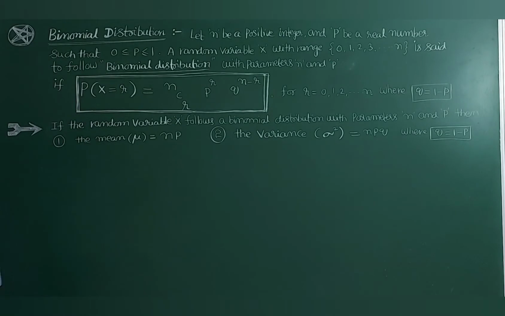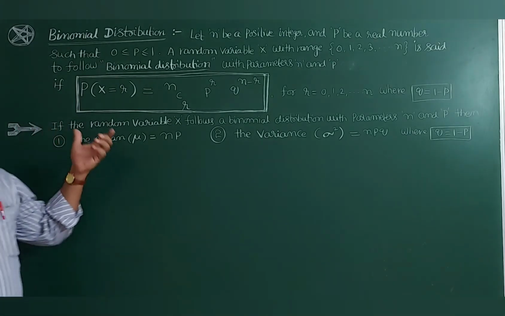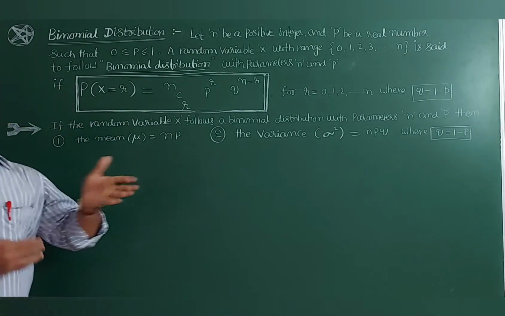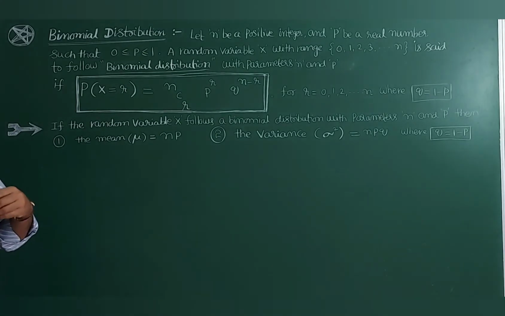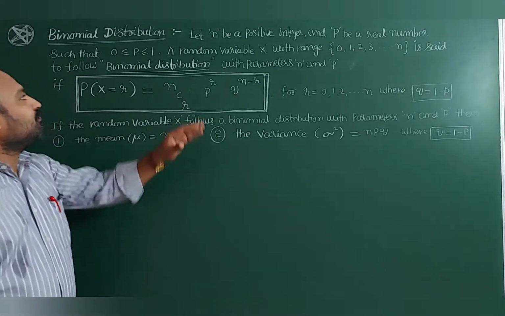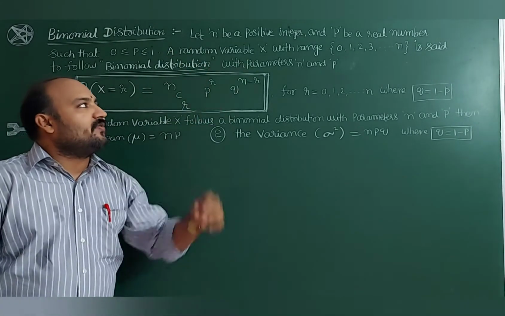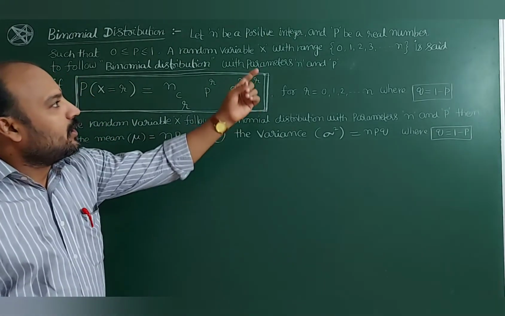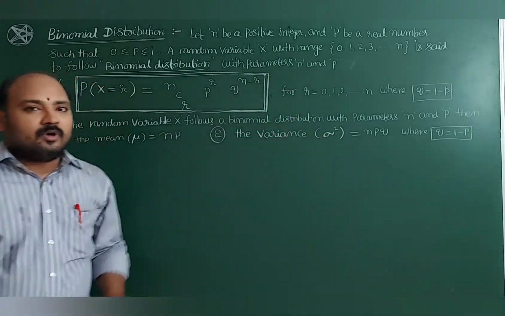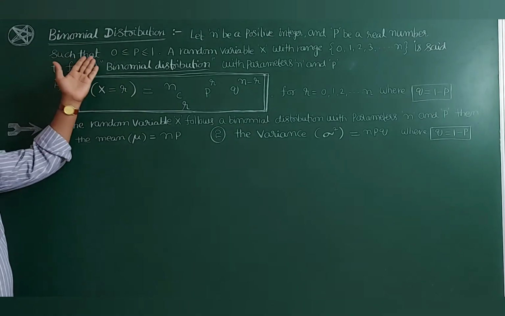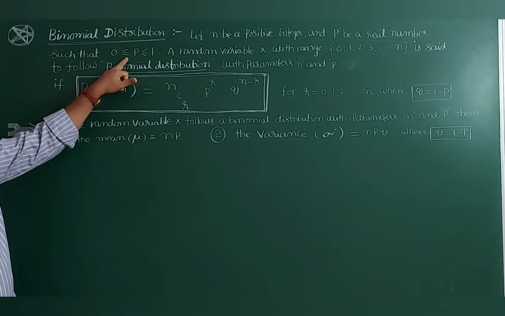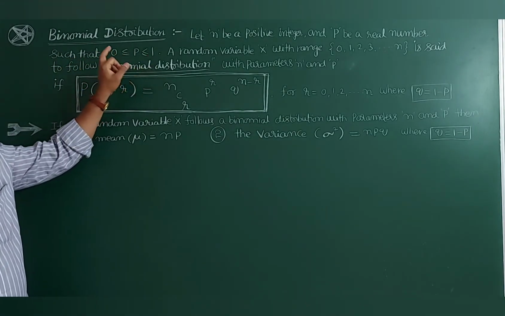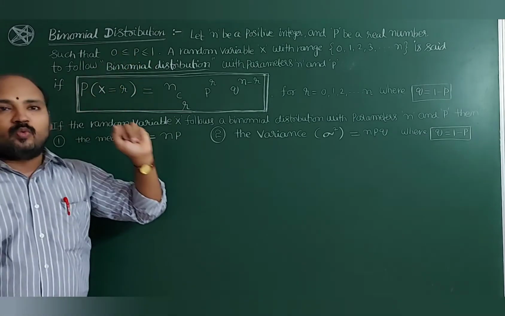What is binomial distribution? What is the binomial distribution function? What are the parameters? Let n be a positive integer and p be a real number such that 0 is less than or equal to p is less than or equal to 1.